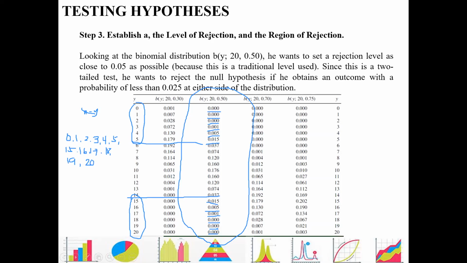So if ever na yung experiment niya falls in this region of rejection, then he will say that walang effect yung ginawang experiment dun sa semen.